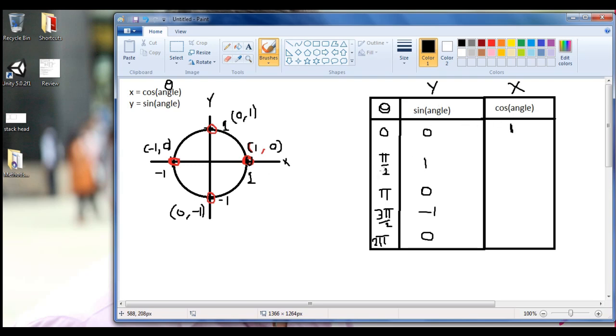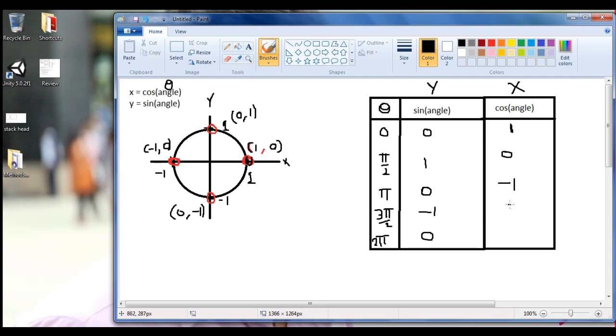Similarly, cos of 90 degrees. If an object is over here, cos of 90 will be 0. If the object is at 180 degrees, cos of 180 degrees is -1. That is the x position. And cos of 3 pi by 2, or cos of 270, is going to be 0. That is our x value.